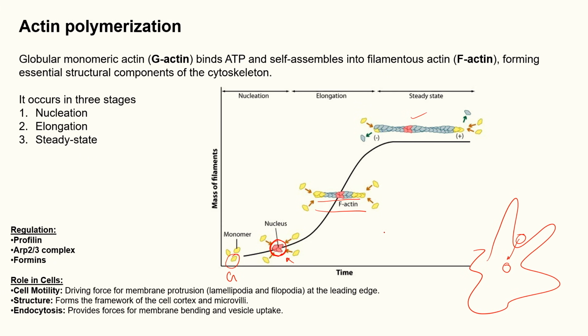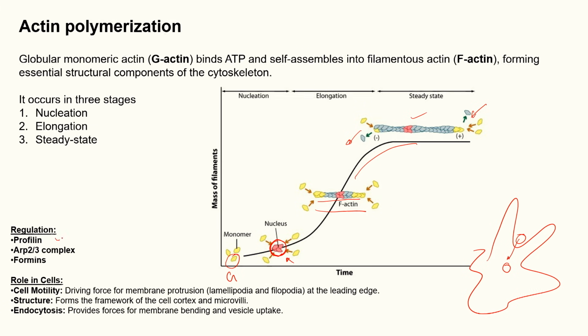And once the elongation comes to a point where the output and input are the same, then it's called a steady state. That means the budding out of the globular actin and the addition of the globular actin is constant. That means the rate of formation and rate of dissociation is the same. Then we simply call it the steady state of this process. So this is again done by multiple proteins. I have just listed 3 of them, and again we are not going into details. We just discussed this because this phenomenon is important.